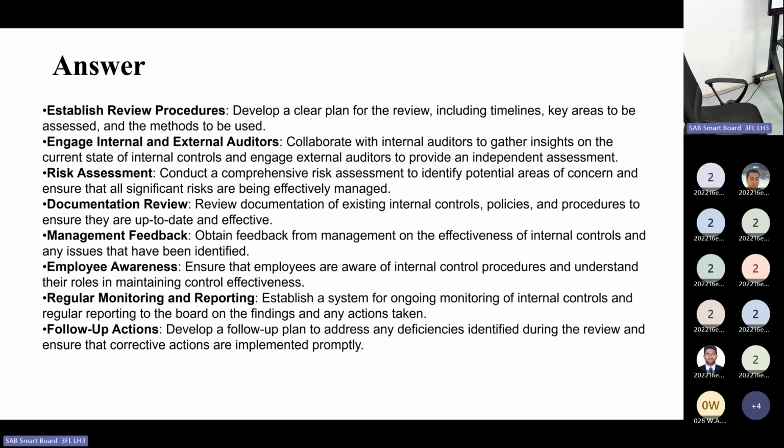Then you have to review the documents. You have to get management feedback, employee awareness, monitoring and follow-up. Right? This is a question I am interested in so much. How do you do the review of your internal controls?